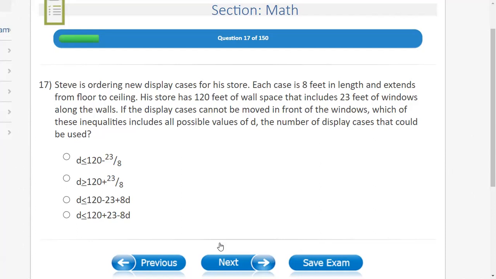So I'm going to go with the second one. Sorry, the first one. First one. Okay.